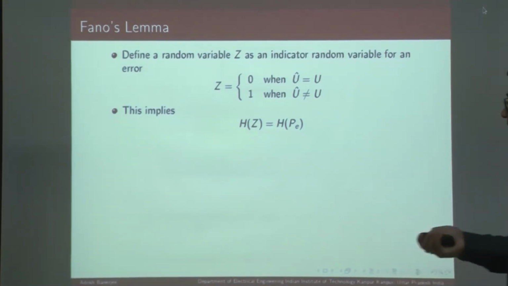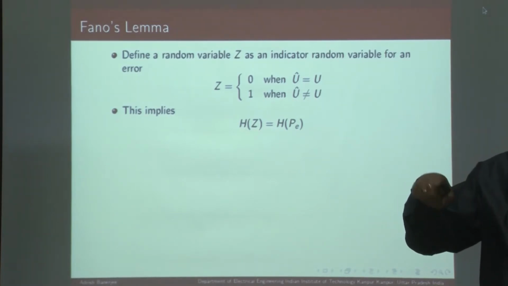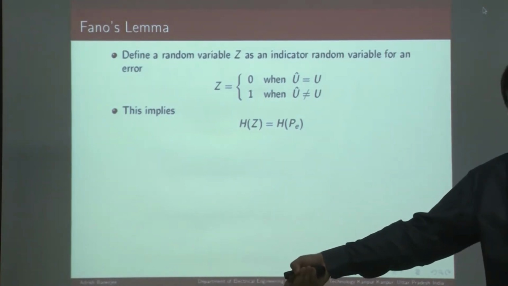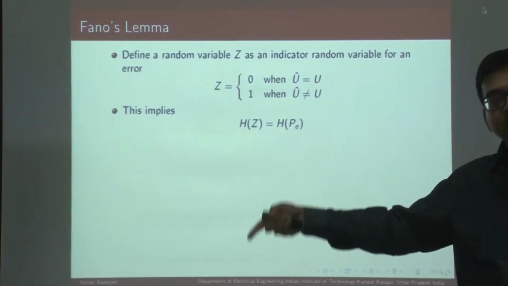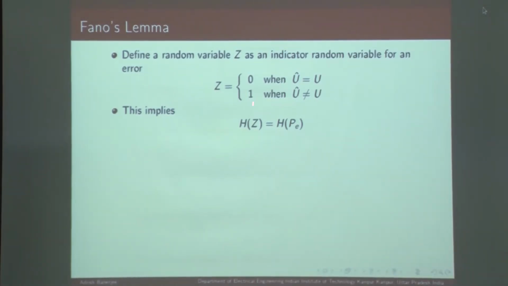P. So, then what is the uncertainty in Z? Minus (1 minus P) log of (1 minus P) and then minus P log of P. So, this follows from how we are defining this indicator function.